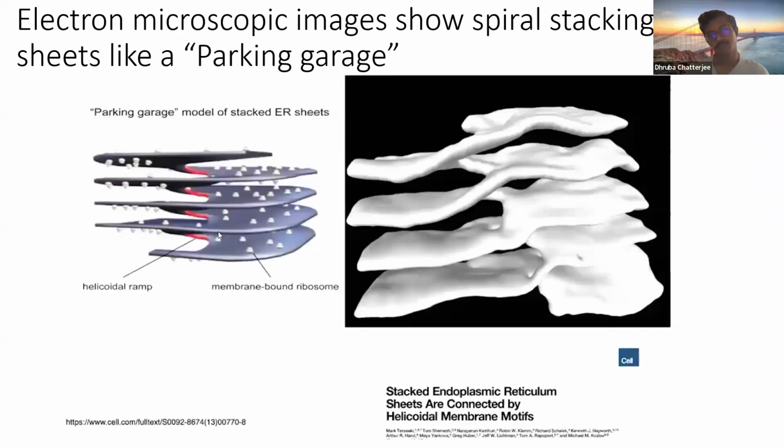Yeah, so the electron microscopic images of the endoplasmic reticulum show that the endoplasmic reticulum membranous structures can be both sheets as well as tubules, but the endoplasmic reticulum located just outside the nucleus, that is perinuclearly, is typically sheet-like membranous structures which are assembled in a very unique way.